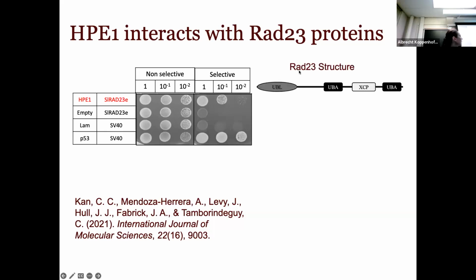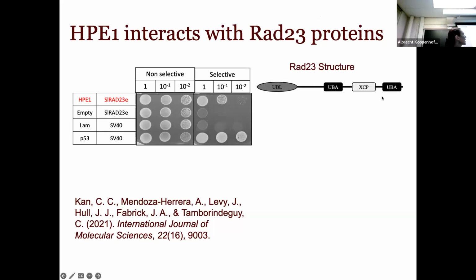And so what is RAT23? RAT23 is a protein that is involved in shuttling ubiquitinated proteins for degradation into the proteasome. Very important to protein turnover, which is essential for immunity. This protein has two parts. On the N-terminal side, it has the UBL domain that interacts with the proteasome.